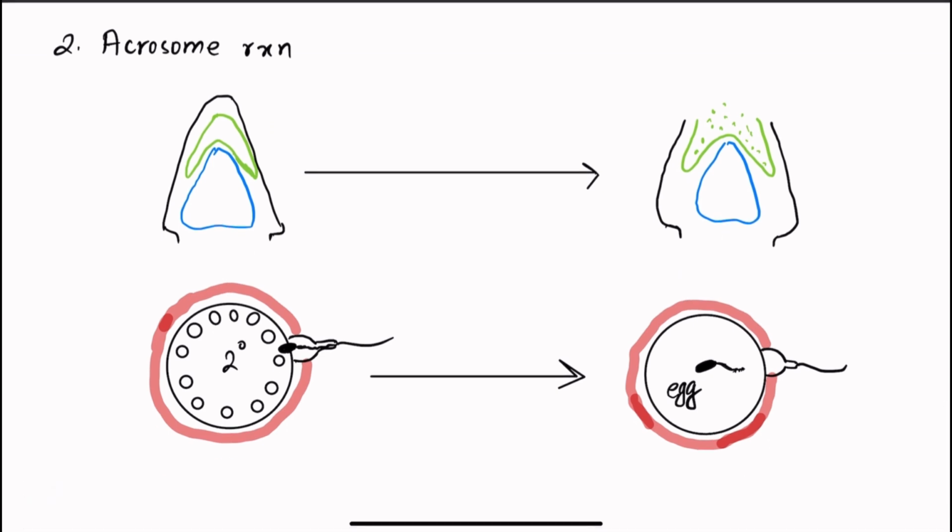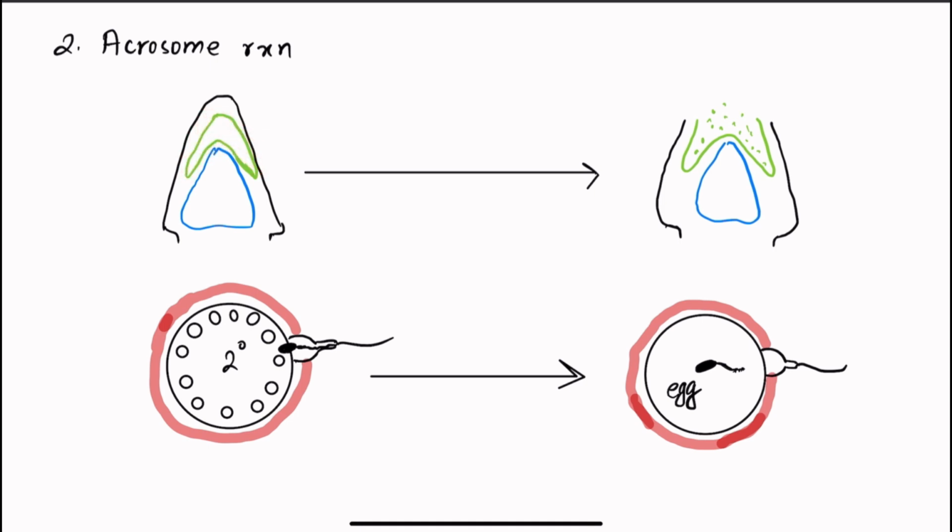So after capacitation comes acrosomal reaction. The capacitated sperm, which has finally penetrated through the corona radiata, goes through the acrosome reaction so that it can penetrate through the zona pellucida. What happens during the acrosome reaction? So here's the head of the sperm, which contains the nucleus and the acrosomal cap, which contains the acrosomal membrane.